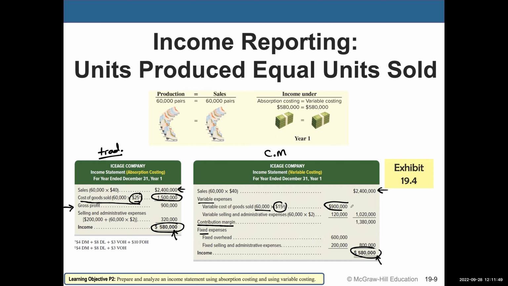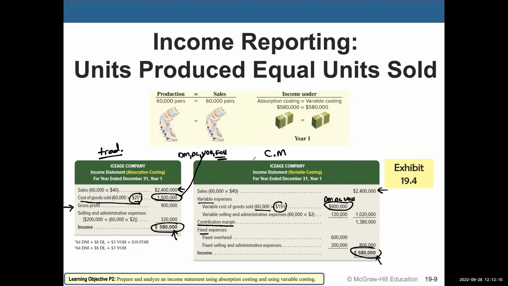It's $900,000. Remember, the $900,000 here includes direct material, direct labor, and variable overhead per unit. Over here, this cost of goods sold, I'm going to have to write it up here, is direct material, direct labor, variable overhead, and fixed overhead. That's why it's higher, because it includes the fixed overhead.